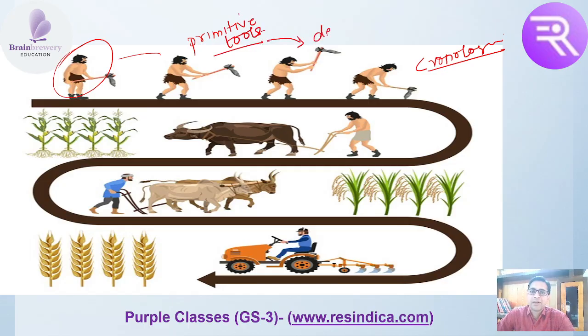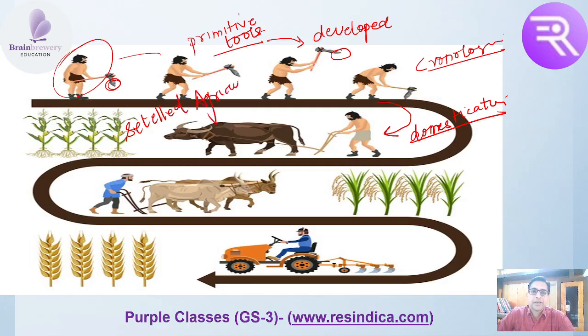Slowly they developed these tools; earlier they were broader from the base, then they became more and more sharper. Slowly they started domestication and settled agriculture.